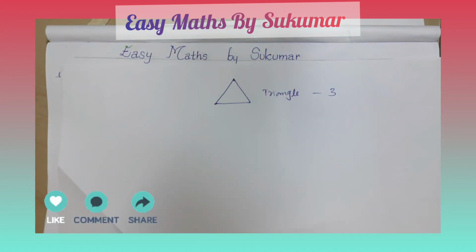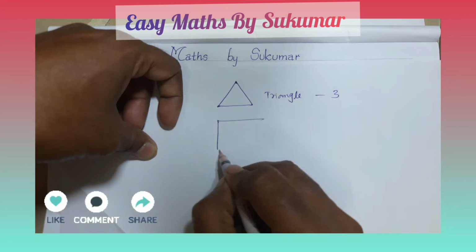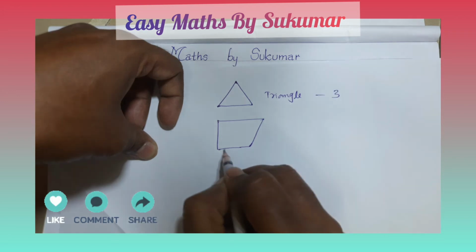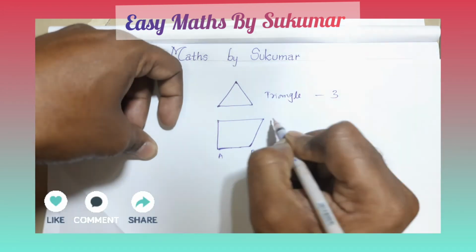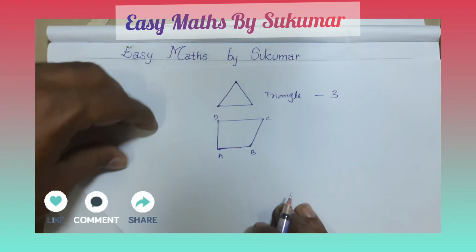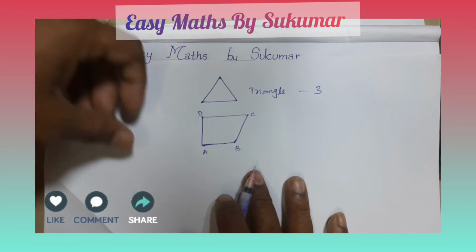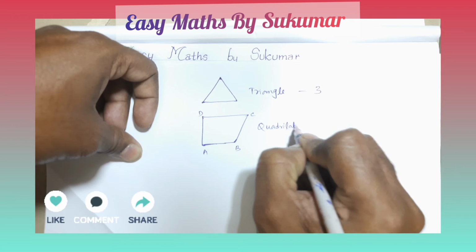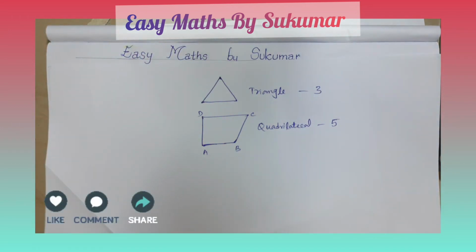And to construct a quadrilateral, as I told you, it's a closed polygon having 4 sides, we need 5 independent measurements.